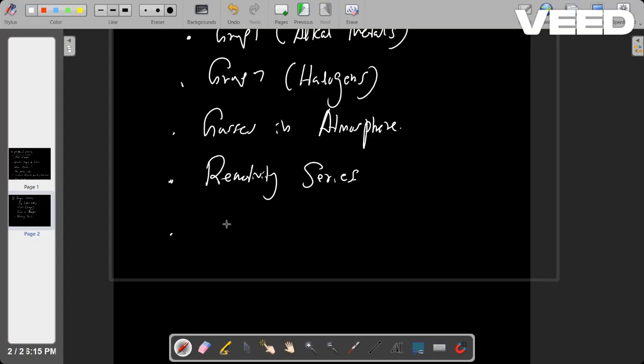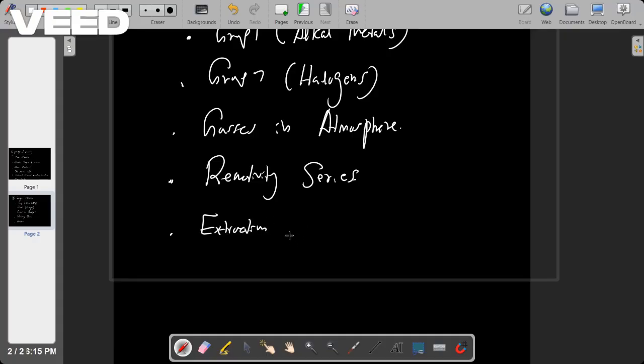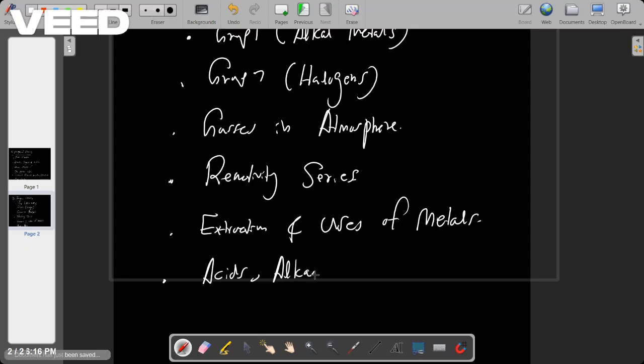Extraction and uses of metals, and uses of metals. Acids, alkalis, and titrations.